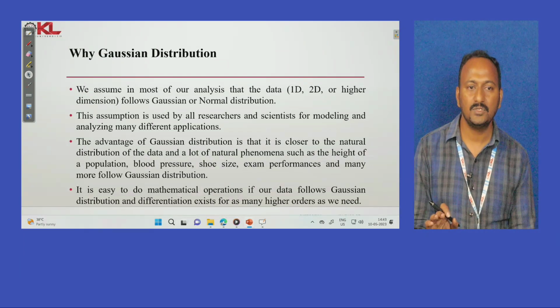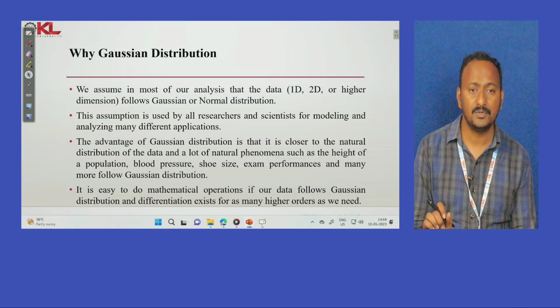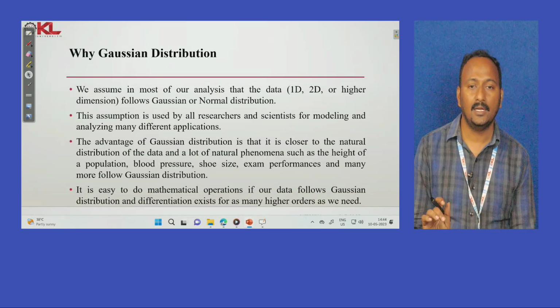The advantage of this Gaussian distribution is that it's very close to the natural distribution of our data, and most natural phenomena such as height of population, blood pressure, shoe size, exam performances and many others follow this distribution. It means that with the help of this distribution we can simply model these natural phenomena data.